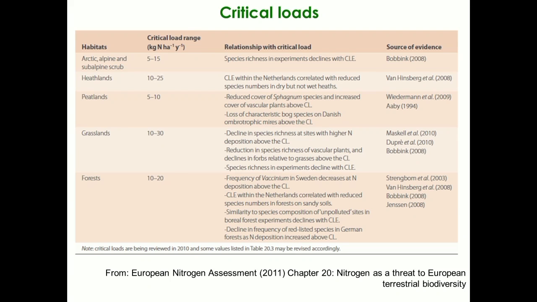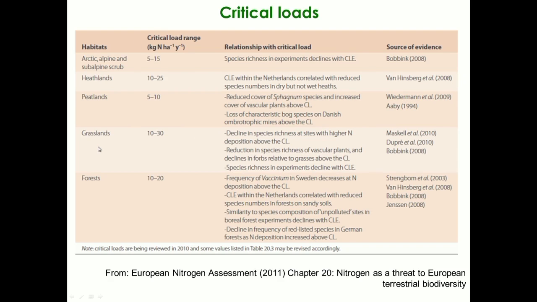But it's not simply that there should be one set concentration that should be the limit, because it's more complex than this. What research has shown, as summarised in this table, is that different habitats, different ecosystems have different sensitivities to nitrogen input. So the likes of Arctic and alpine scrublands and peatlands are much more sensitive to nitrogen input than, say, heathlands or grasslands.